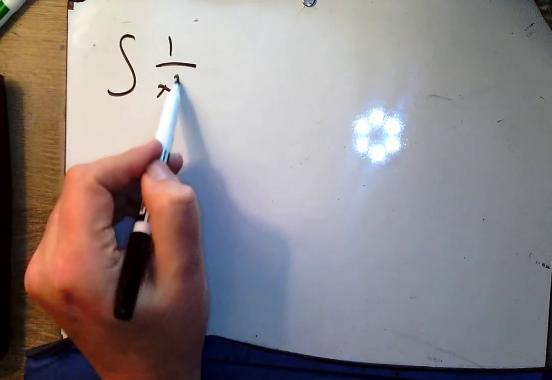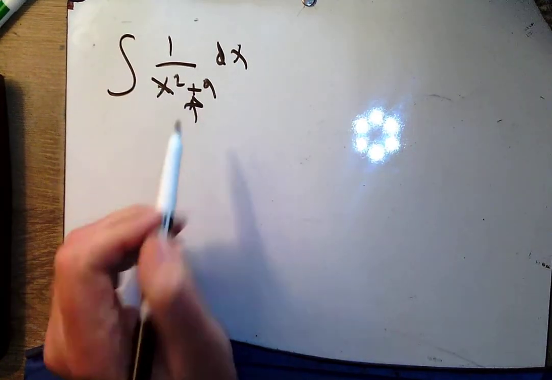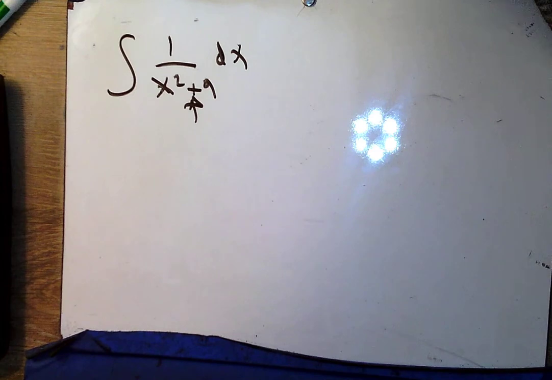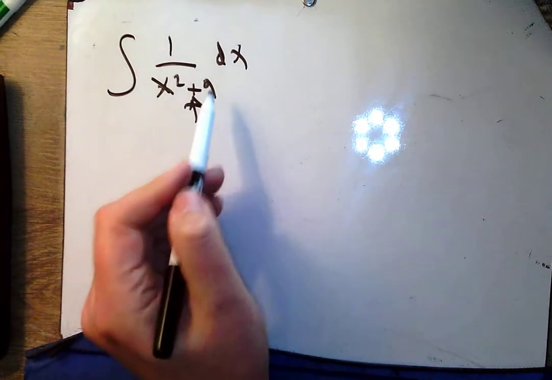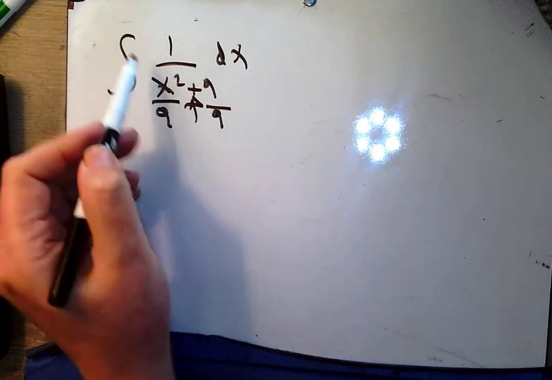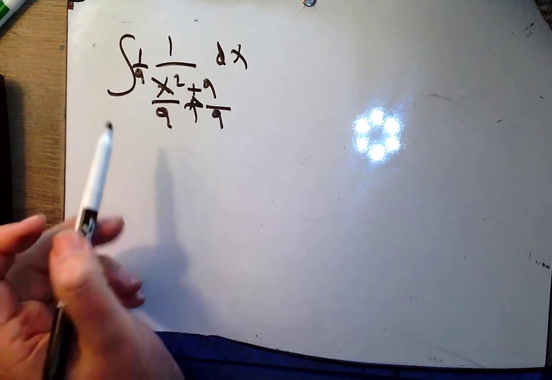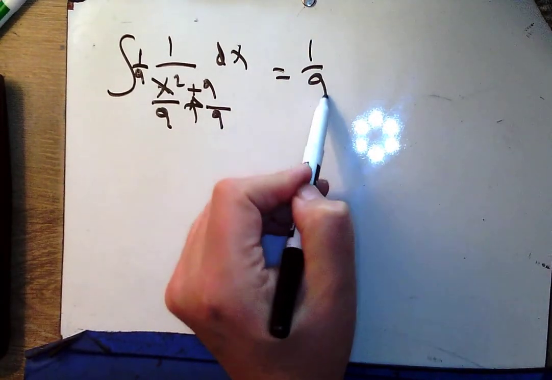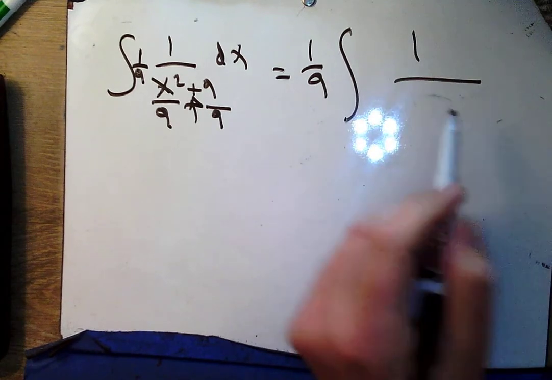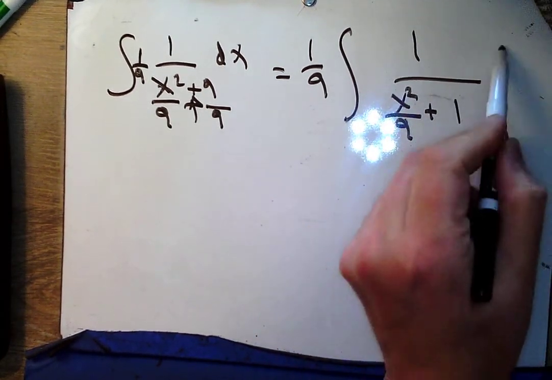Don't forget your math. Integral 1 over x squared plus 9 dx. Well, seeing that plus always makes me think, wow, this is so close to inverse tangent. If only this was a 1. So divide by 9 to make that a 1. But that means simultaneously I have to multiply in the denominator by 9. So now I've got 1/9 integral 1 over x squared over 9 plus 1.